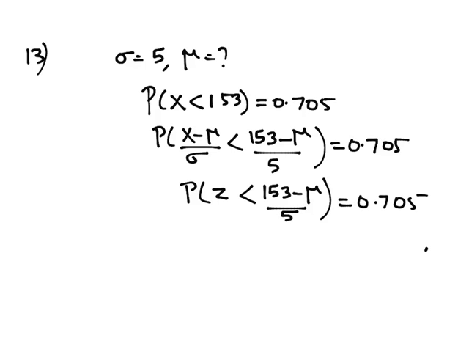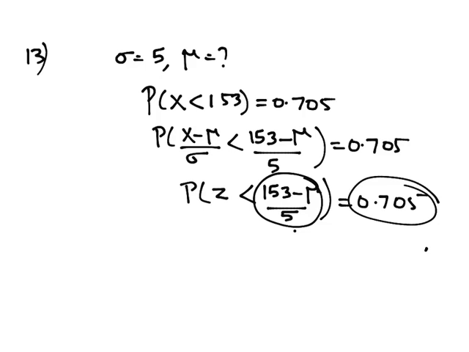Now I need to find mu. So I have the area, I need this value. So go to inverse normal. So distribution normal, inverse normal. The tail will be left because I have less than 153 minus mu by sigma. The area is 0.705. Sigma is 1 and mu is 0.